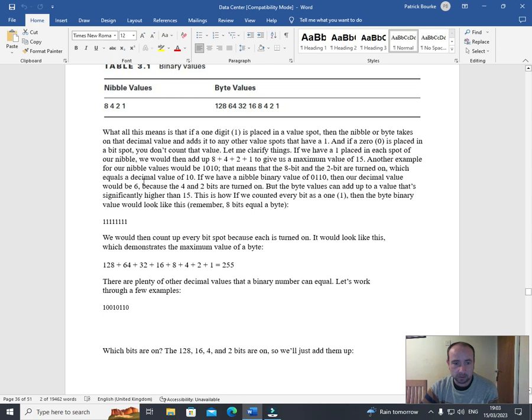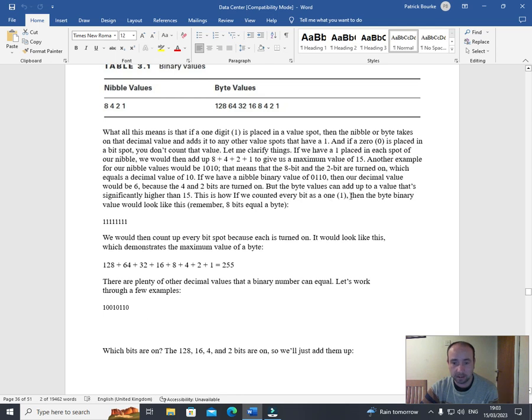Another example for our nibble values would be 1010. That means that the 8 bit and the 2 bit are turned on, which equals a decimal value of 10. If we have a nibble binary value of 0110, then our decimal value would be 6, because the 4 and the 2 bits are turned on.